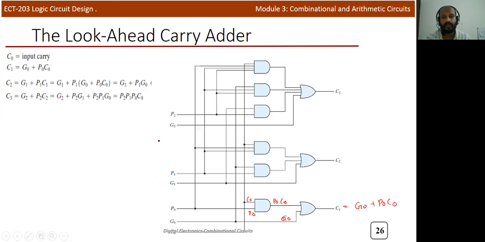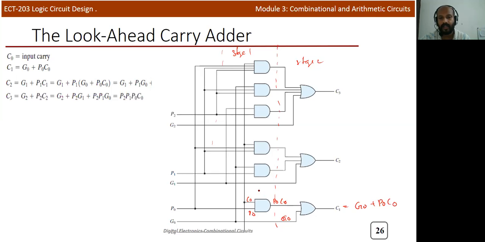If you look at this circuit, in order to calculate C1, C2, C3, we don't have to wait an unequal amount of time. For example, the circuit actually contains two stages. This is stage 1 and this is stage 2. In stage 1 we are using only AND gates, in stage 2 we are using only OR gates. In order to calculate C1, the signal passes through an AND gate and an OR gate.